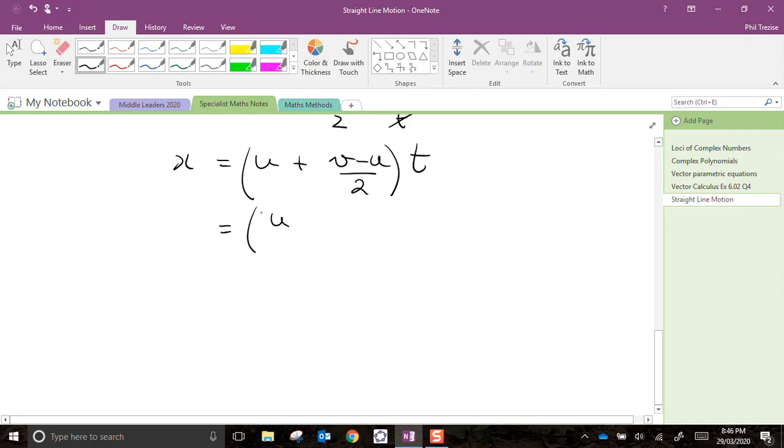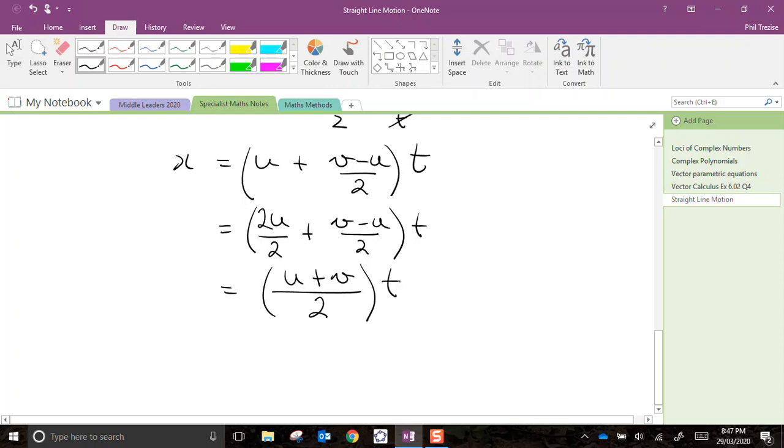Now, using a common denominator, that should be 2u over 2 plus v take u over 2. Now I think you can see that 2u take u is just u, and we still have plus v, still multiplied by t.